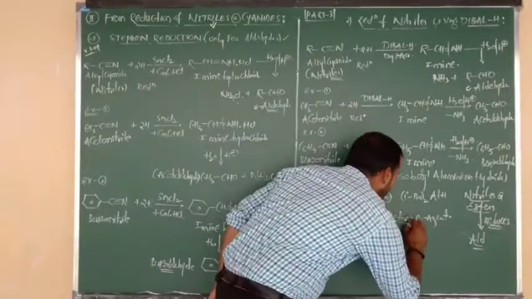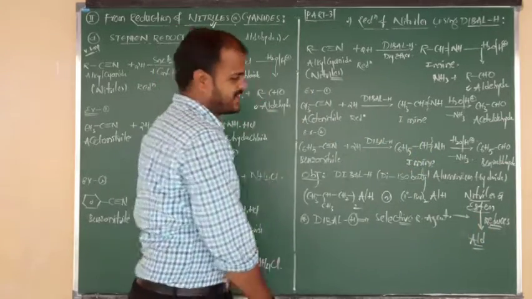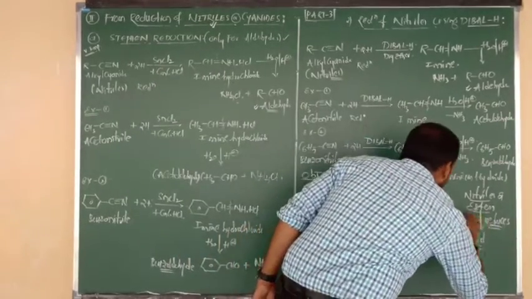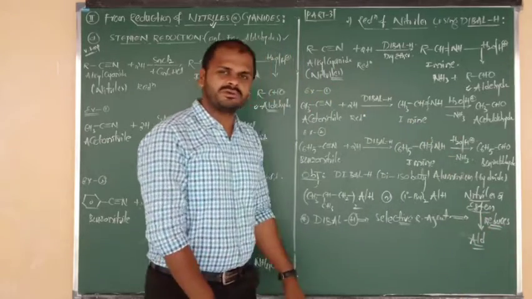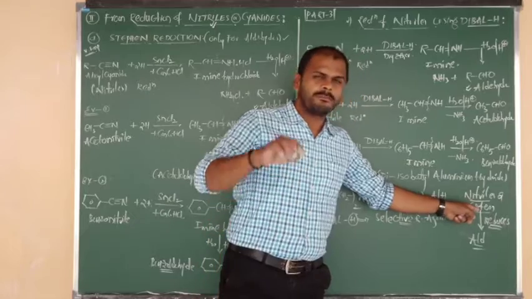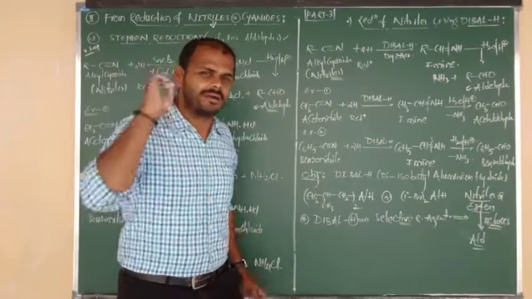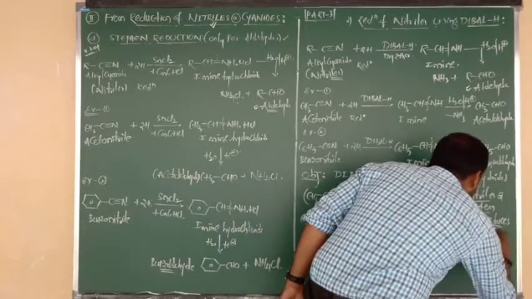That's why we say DIBAL-H is called a selective reducing agent. What do you have to say? Yes, DIBAL-H is called a selective reducing agent because in the presence of DIBAL-H, nitriles and esters both can be reduced into aldehydes without affecting the double bonds. I hope you understand the meaning clearly.